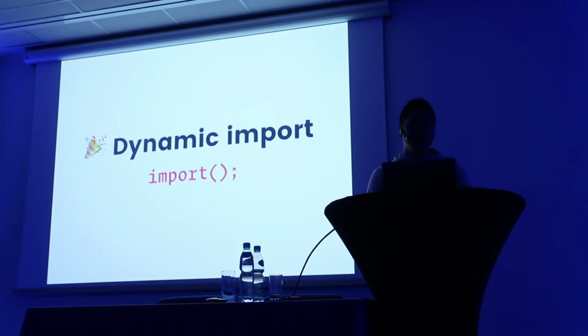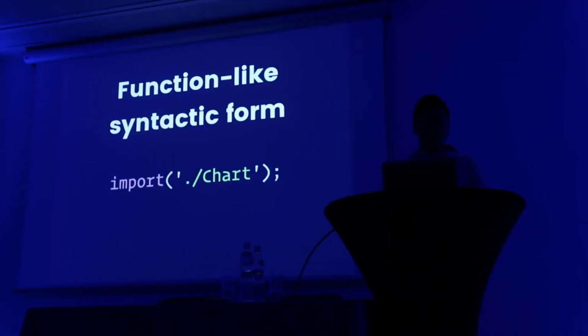So what is it and how do I use it? Dynamic imports look syntactically exactly like a function, but it uses the reserved word import as the name of its function, and it accepts the module path and loads the module or component asynchronously by returning a new promise.